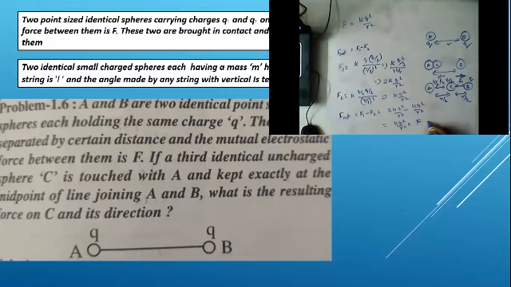It is equal to F in the direction of B. The force is more in the direction of B, and we can write it as minus F in the direction of A. So whatever the net force F is, it is plus F if it is in the direction of B, and minus F if it is in the direction of A. Okay, so this is how we can solve the problems.